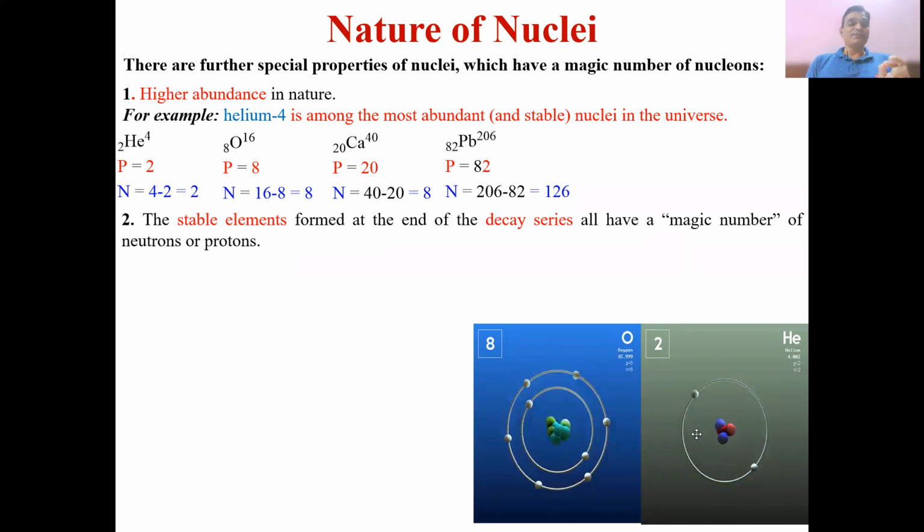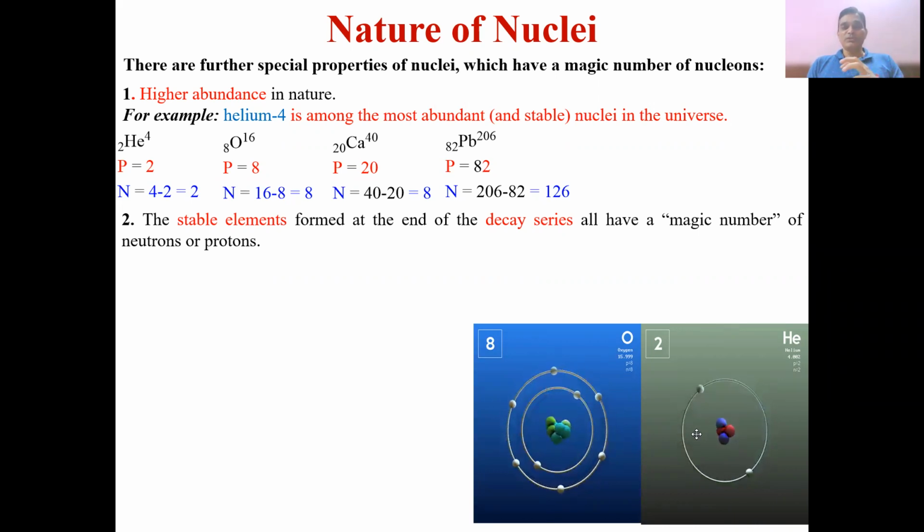If the remainder is 0, it is called the 4n series. If the remainder is 1, it is called the 4n plus 1 series. If the remainder is 2, it is called the 4n plus 2 series. If the remainder is 3, it is called the 4n plus 3 series.